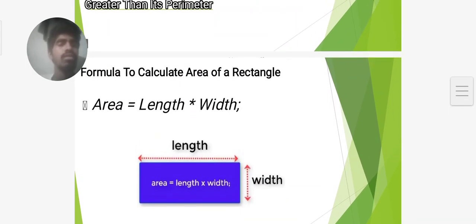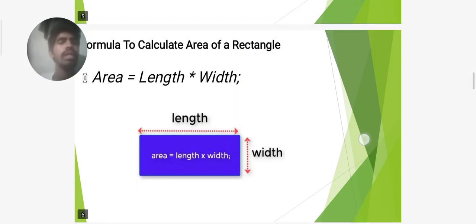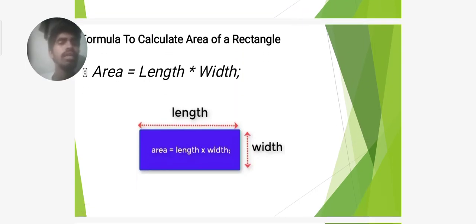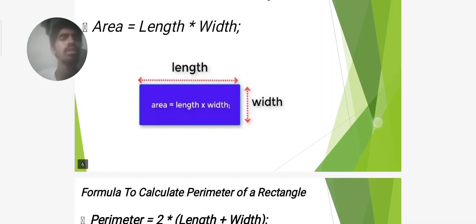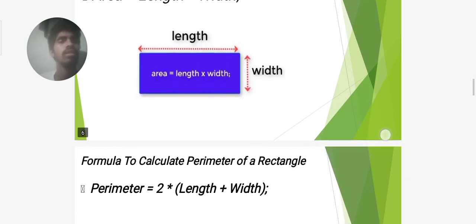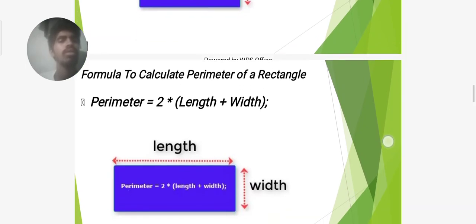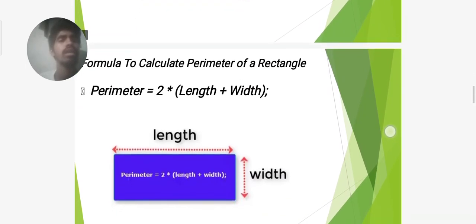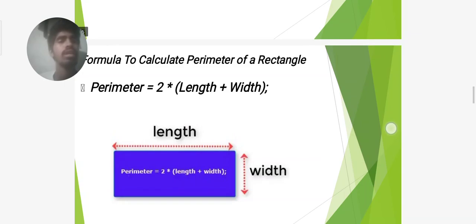First, to calculate the area of a rectangle: area of a rectangle is length into breadth. The longest side is the length, and we can see the width shown by the arrow mark. The formula to calculate the perimeter of a rectangle is perimeter equals 2 into length plus breadth.